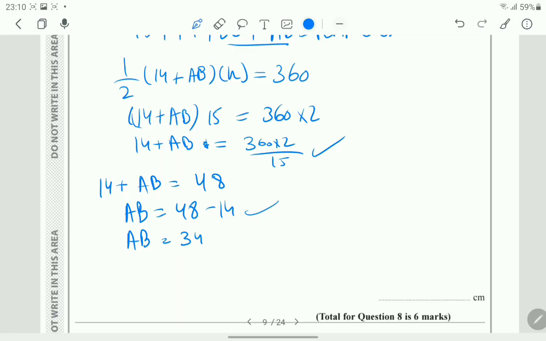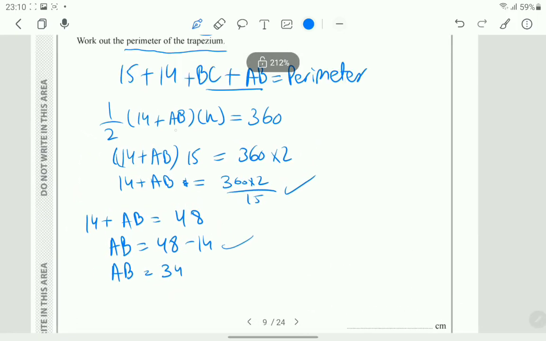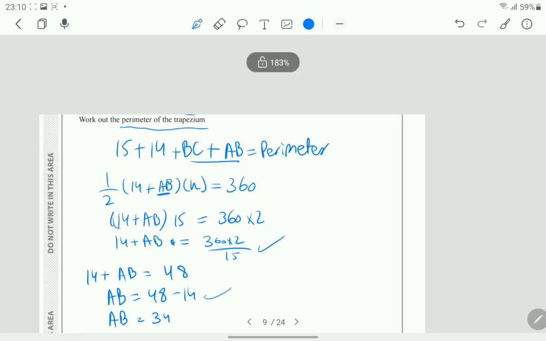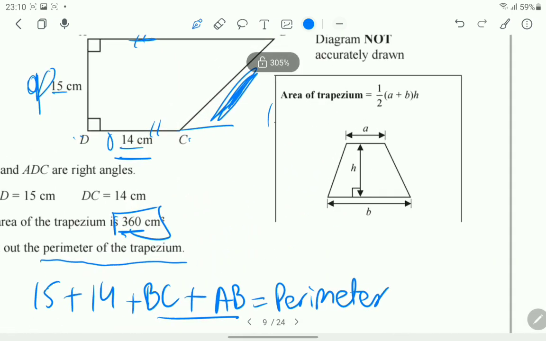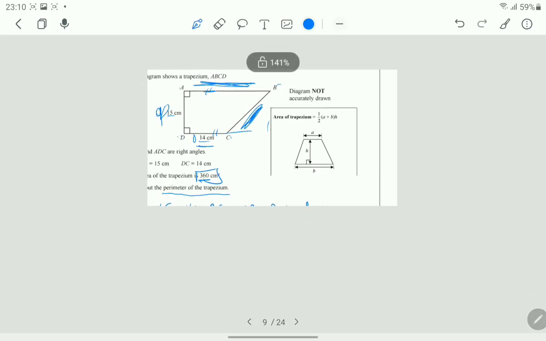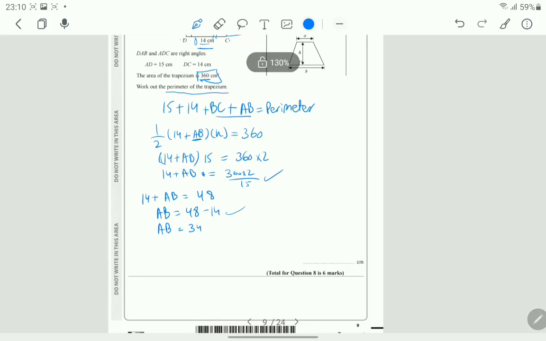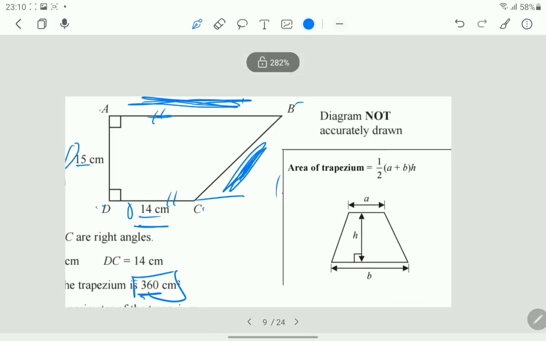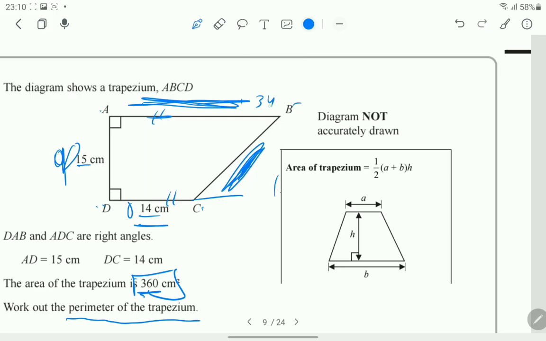So we now have AB in this question, and we need to find the perimeter. We know that AB is equal to, we just calculated that, what was that, 34 centimeters. And if we draw a line, this is 14 centimeter because a trapezium is a square and a triangle.